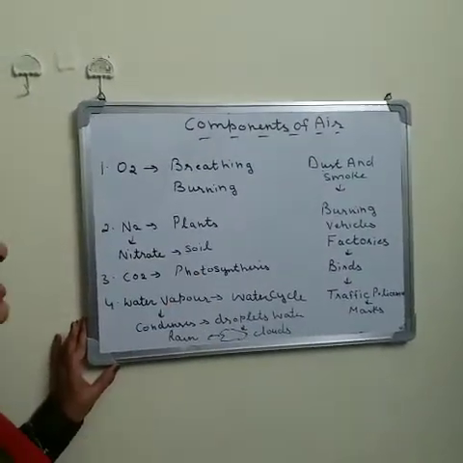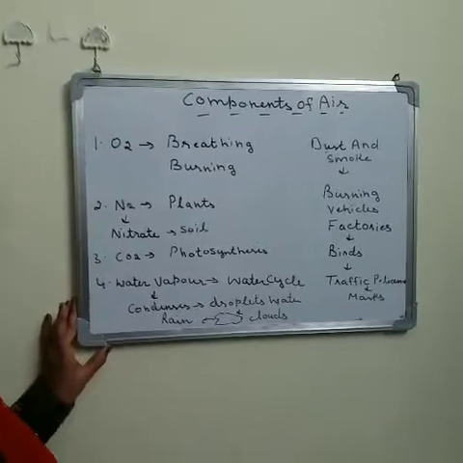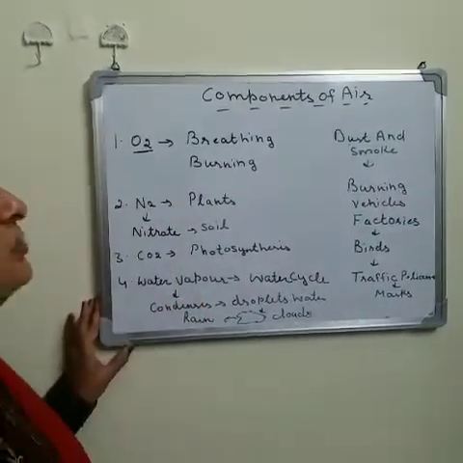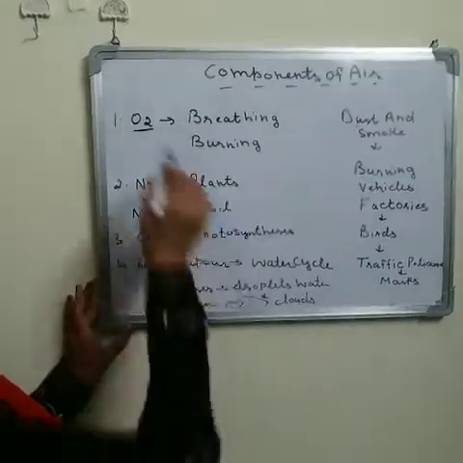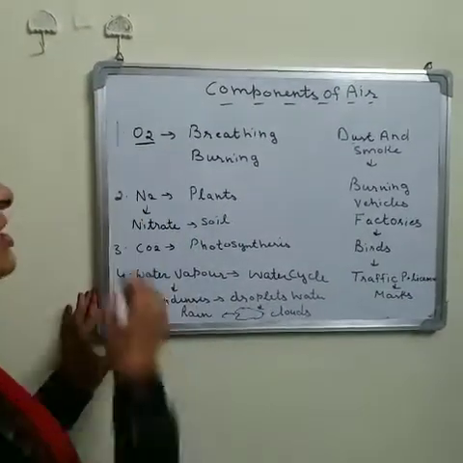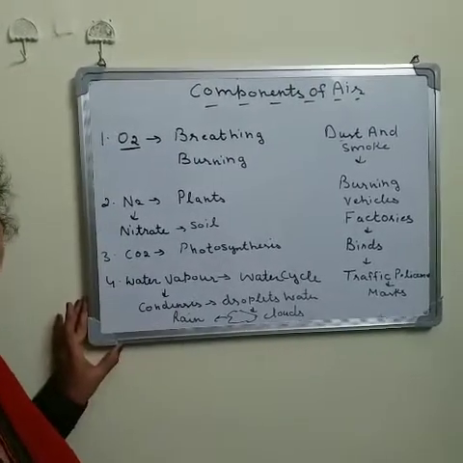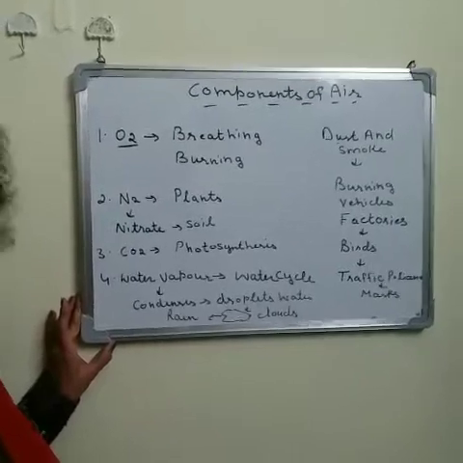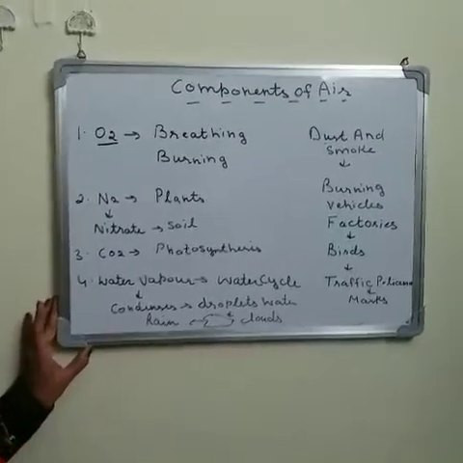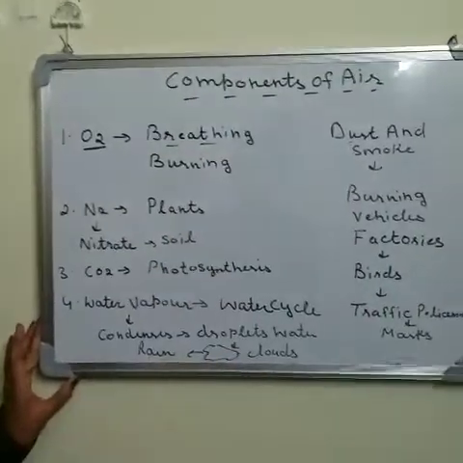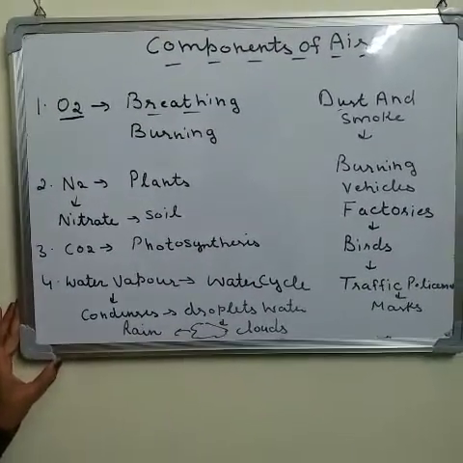Let us discuss these components and their uses one by one. First of all, the most important component present in air is oxygen. Oxygen is a must for the survival of all living beings, either plants or animals, because oxygen is a must for breathing, for the process of respiration.